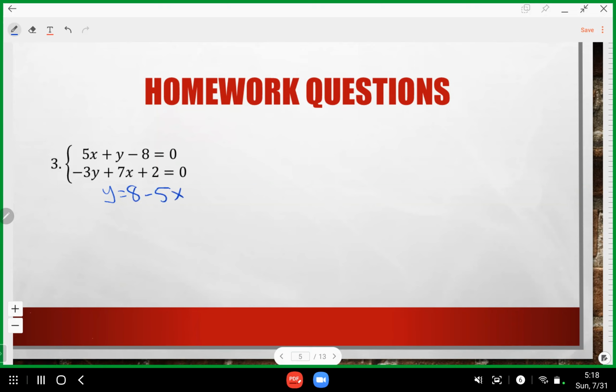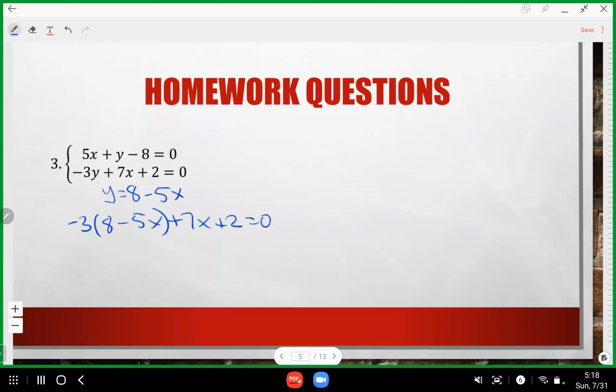So after that, I plugged 8 minus 5x into every y in the second equation. So I got negative 3 times the difference of 8 minus 5x plus 7x plus 2 is equal to 0.